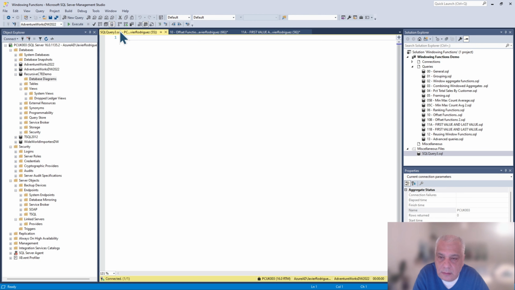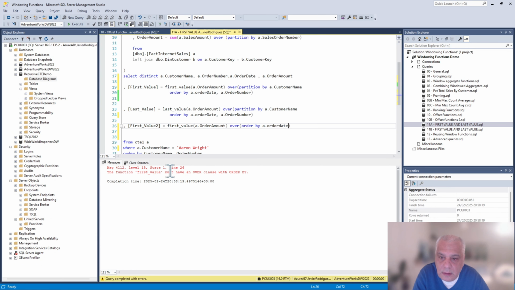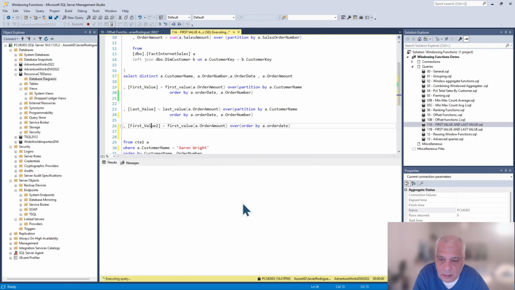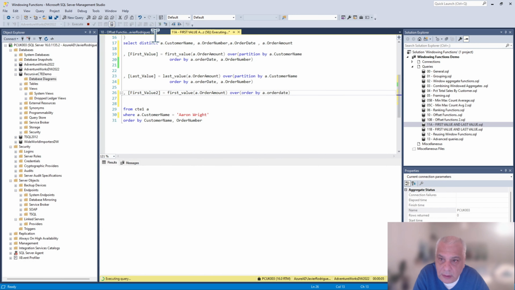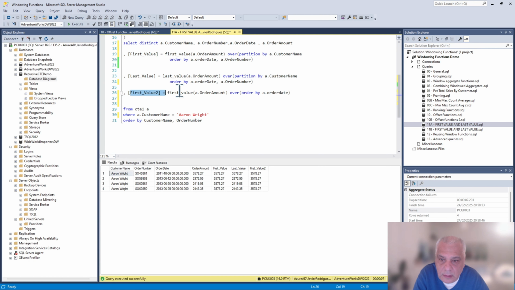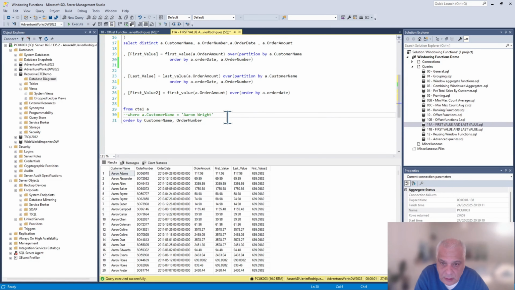Okay. We are running. The first value of this partitioning is 3,568. If we remove the customer name, we're going to get the first value of the whole partition.